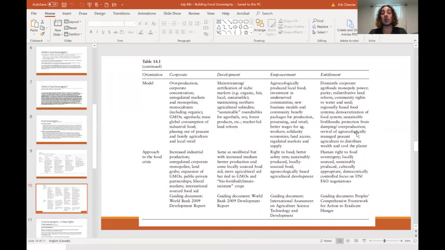So as you can see, through the entitlement framework, it's not just about creating these little pockets, but actually changing our conditions of political and economic understandings and practices when it comes to our production of food. So this is Eric Holt-Gimenez, and we're going to see that a lot of these discussions reproduce in other academic forms also.